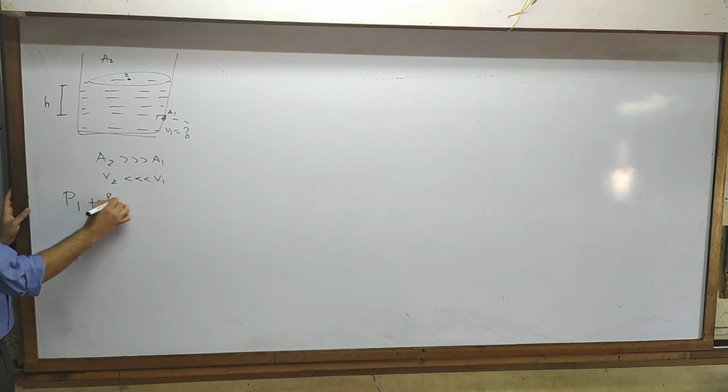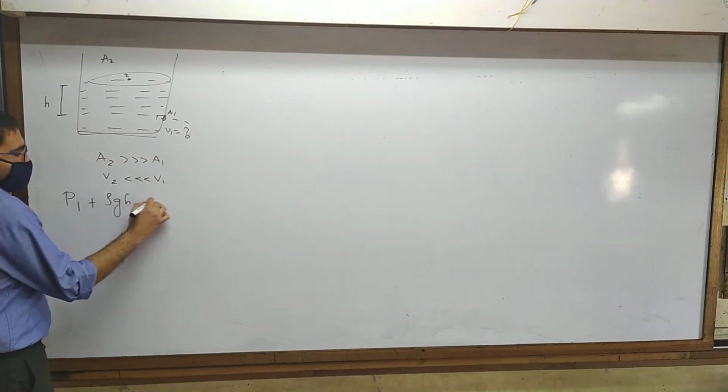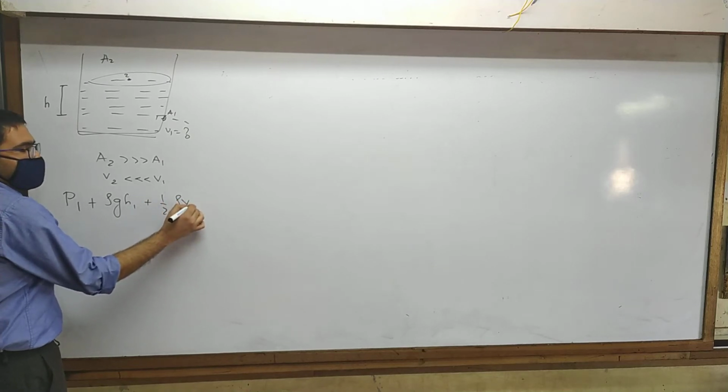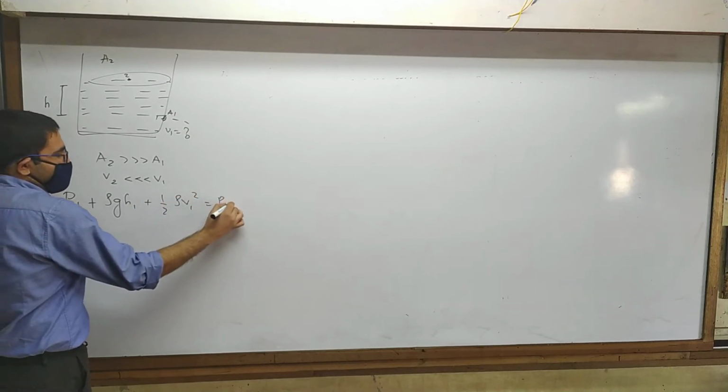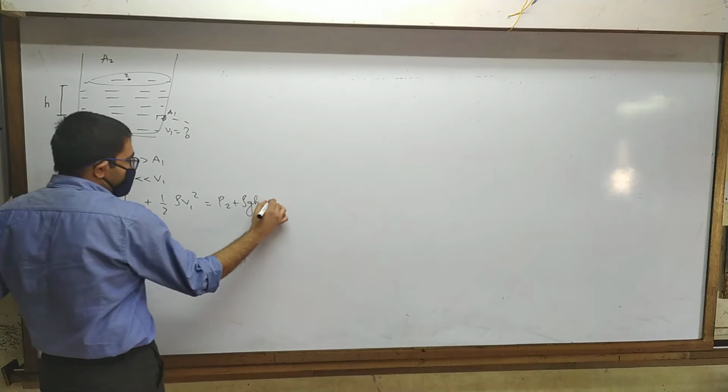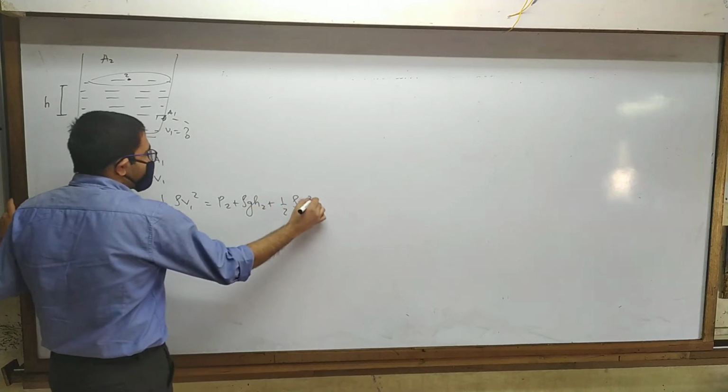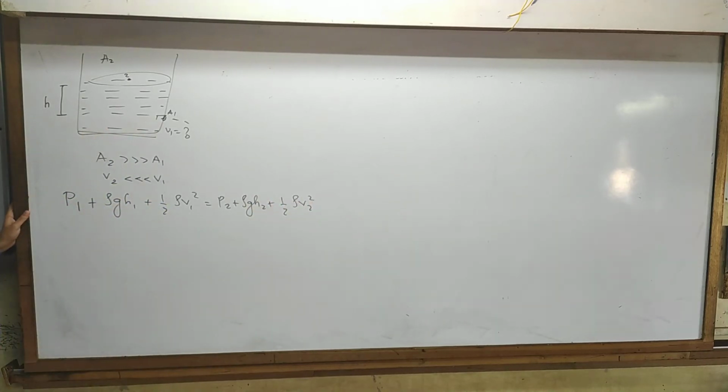P1 plus rho g h1 plus half rho V1 square is equal to P2 plus rho g h2 plus half rho V2 square. Again, to repeat the advice, try to remember it in this form, but we use it more often in this way. Probably 9 times out of 10 you are going to do this.